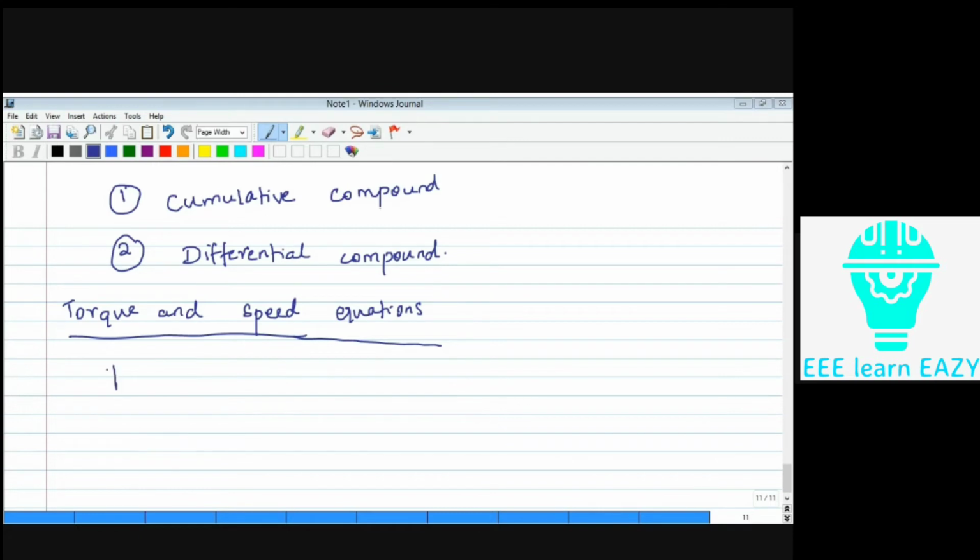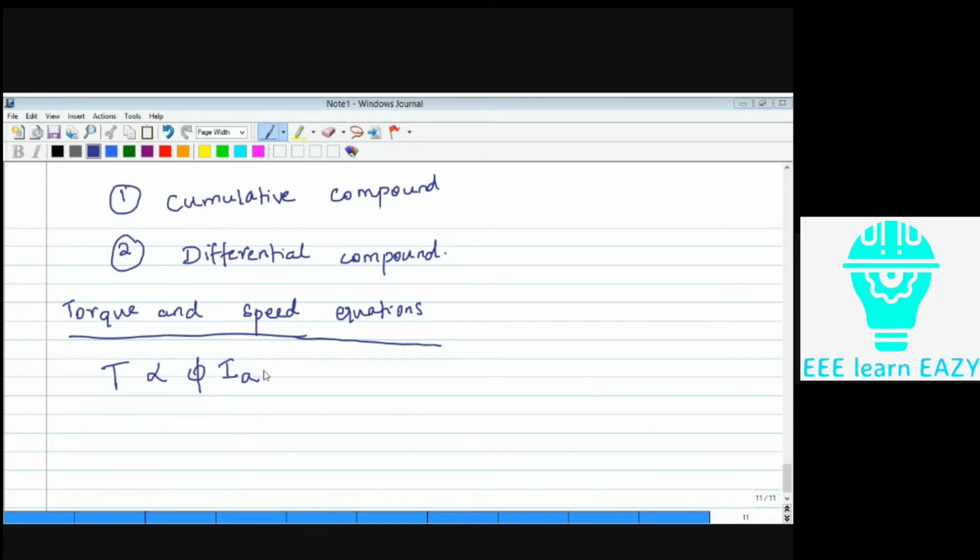So from the torque equation, what we have got is torque is proportional to flux phi into armature current Ia. Correct? Because other terms like 0.159 PZA are constant for a given motor.